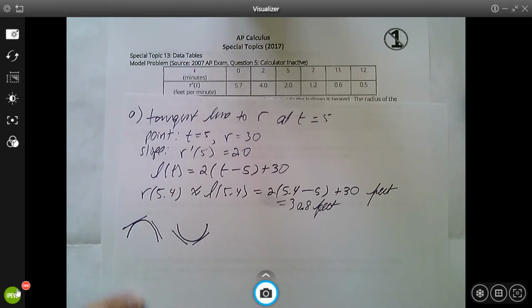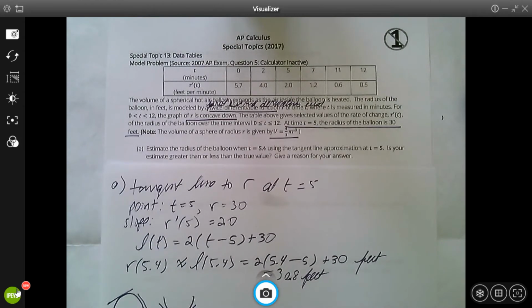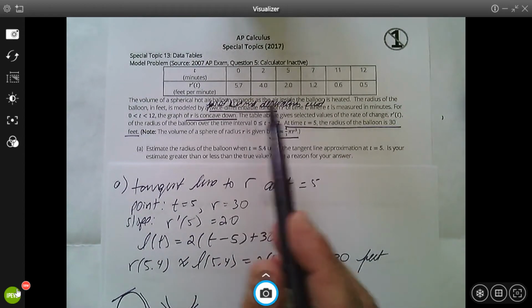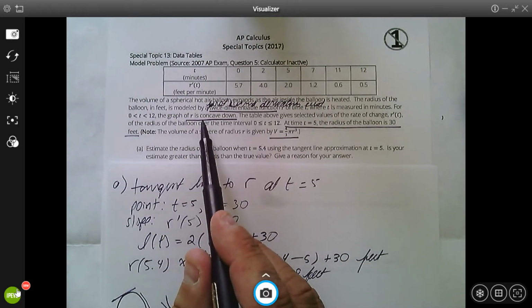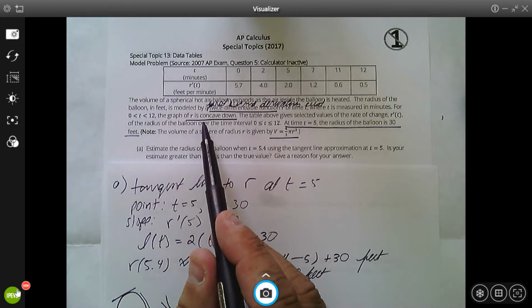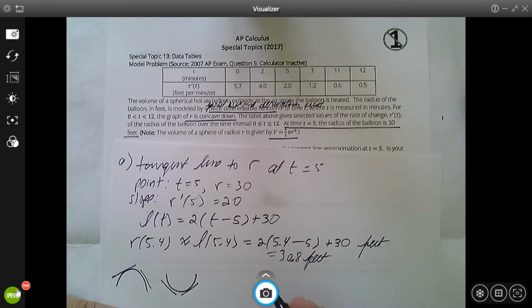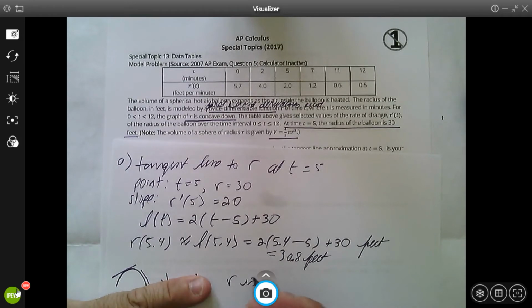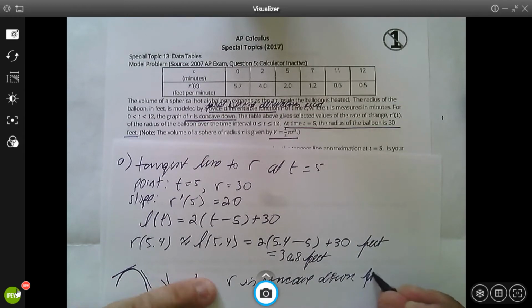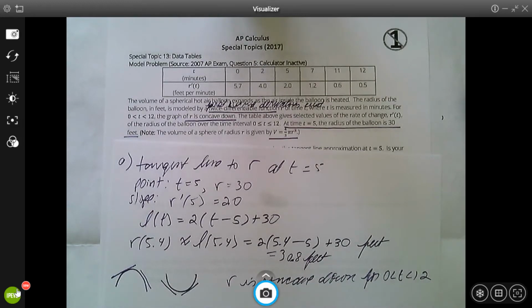Well, do we know anything about the concavity of r? Go back and read the question one more time. The graph of r is concave down for the time interval 0 to 12. Well, what I know is that r is concave down, and it's important to indicate their interval, 0 less than t less than 12.